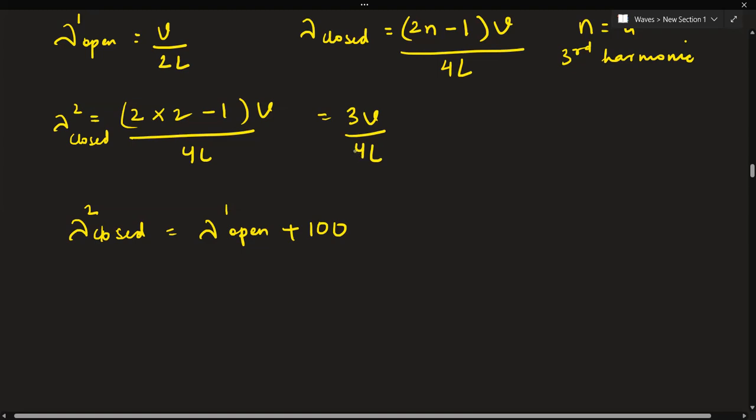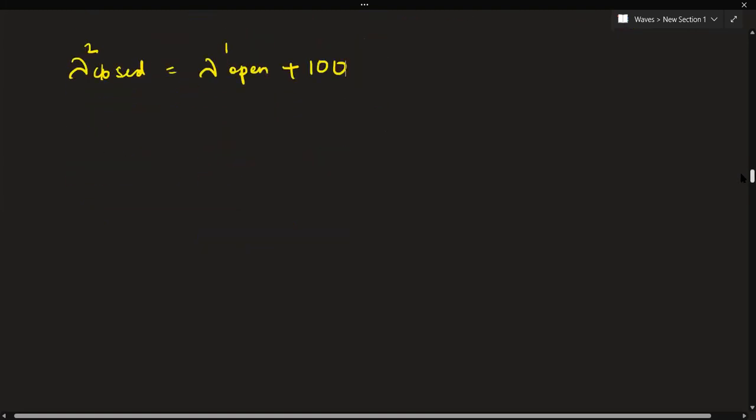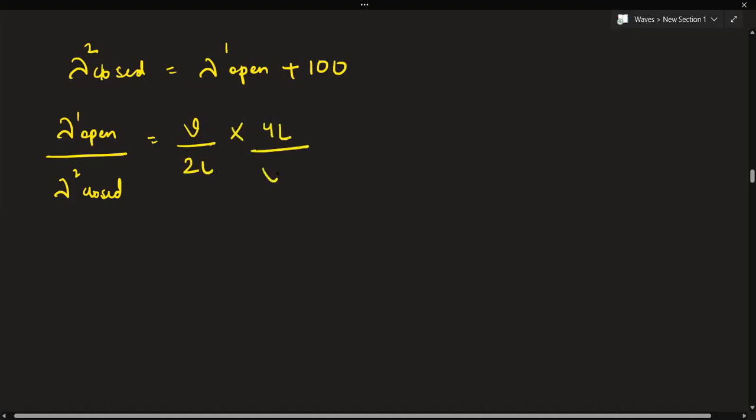So what we can do is take the ratio of these so as to establish a relation between the two. If I take the ratio between the frequency for the open one and the second frequency for the closed one, this will give us velocity divided by 2L for the open one, and 4L divided by the velocity, and 3 will also come.